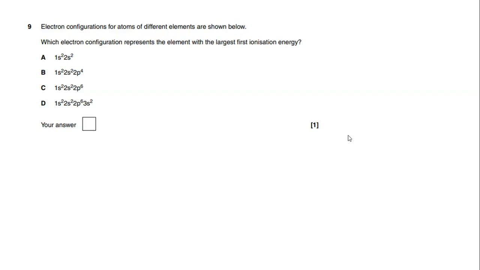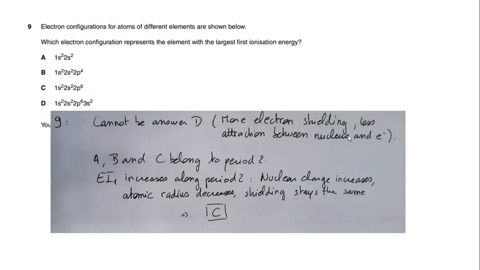Therefore, the one that's the most on the right is C. So the right answer is C. You need also to remember that when you go from s to p, there is a small drop in first ionization energy. And when you go from 2p3 to 2p4, there is also a small drop because you are removing a paired electron. So, answer C.